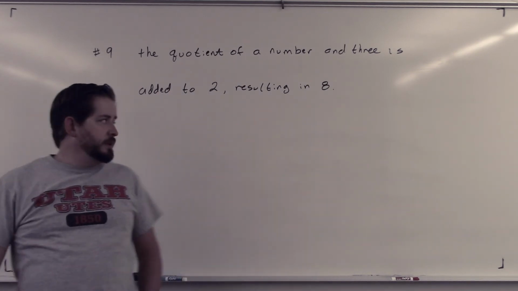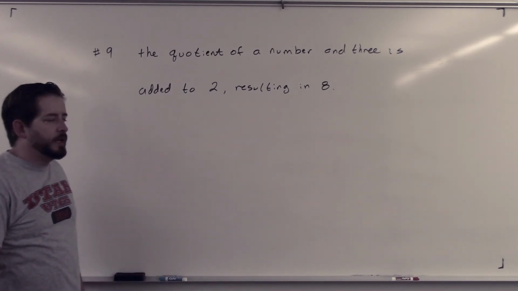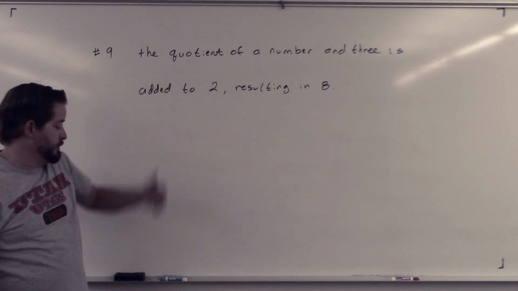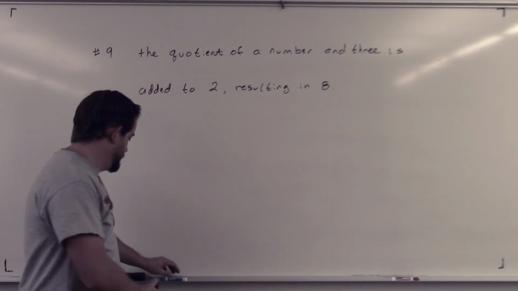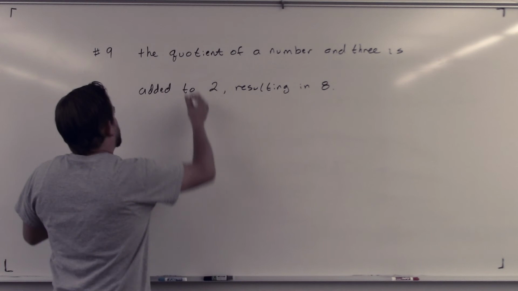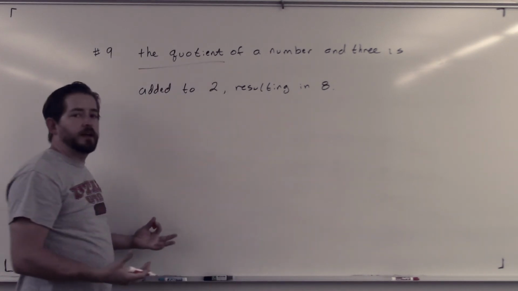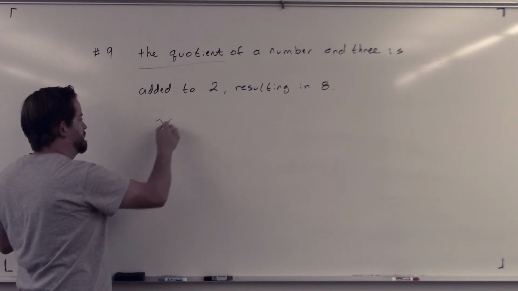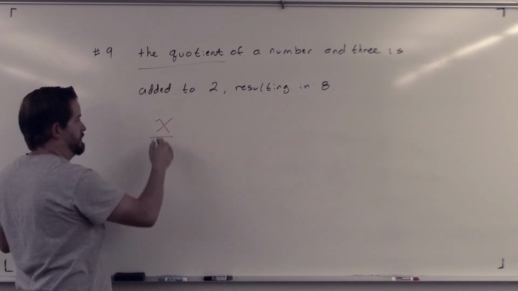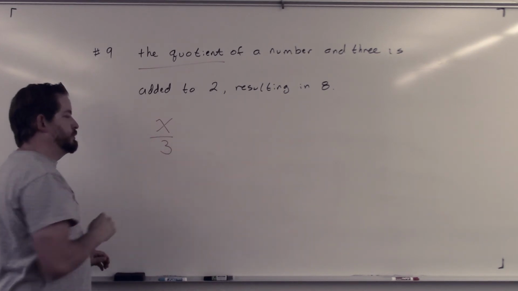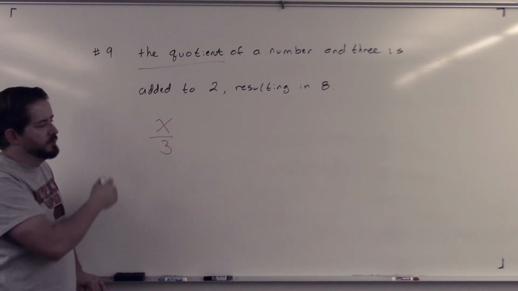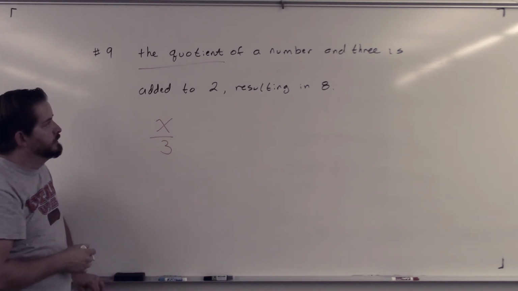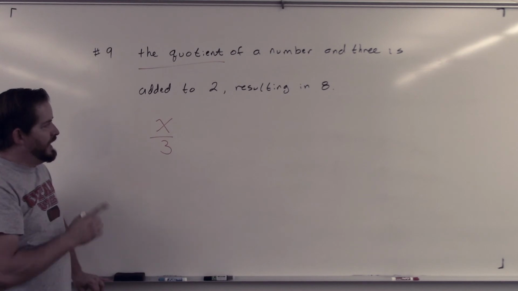So again, we have to create the expression here, and we'll start bit by bit, just like we did before. The quotient means something divided, right? The quotient of a number and 3. That's the quotient of a number, I don't know, a number, x, and 3. Is added to, right?